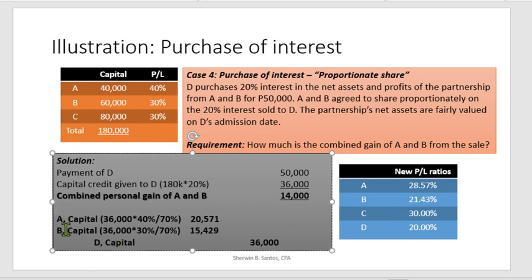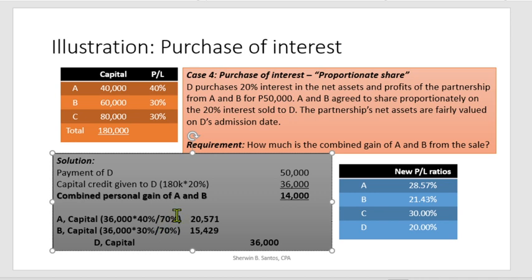So, A capital and B capital, how do we account for this? Doon sa capital credit na binigay kay D. So, 36,000 times, paano nila hahatiin yan? Si A at B lang ang nagbenta. Si C, hindi siya nagbenta. So, based on the profit and loss sharing ratio na 40 and 30, we can now make a new ratio and proportion, which is 40% over 70%.